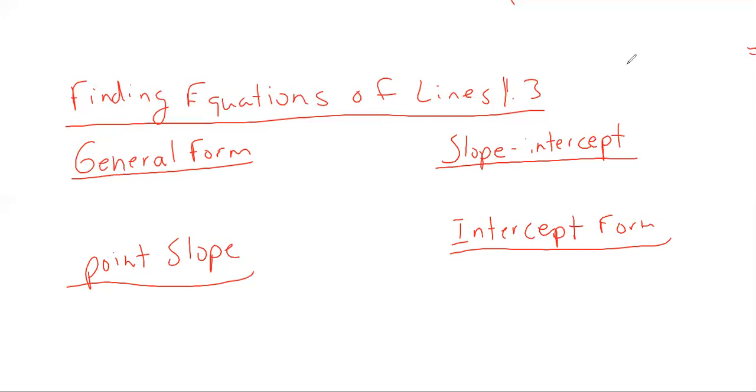Okay, so what I'm going to do now is change some color here so you see it in a little different color. Let's go with blue. All right, so the general form is Ax plus By is equal to C, where A has to be greater than or equal to 0, and there are no fractions.